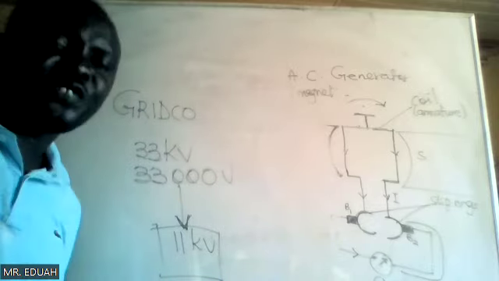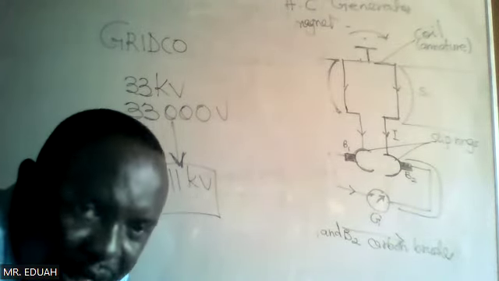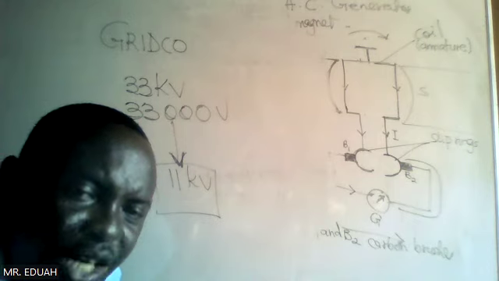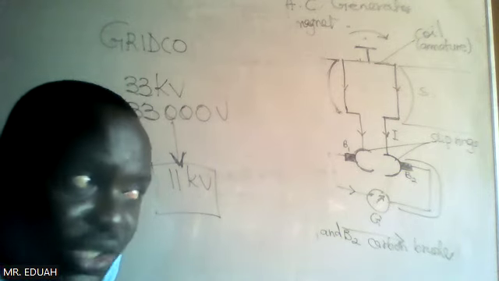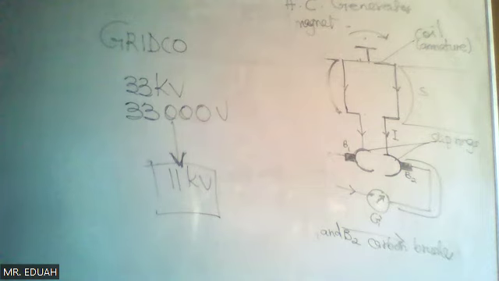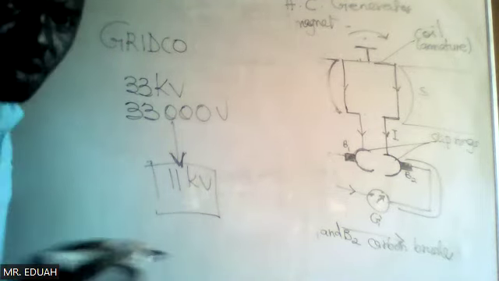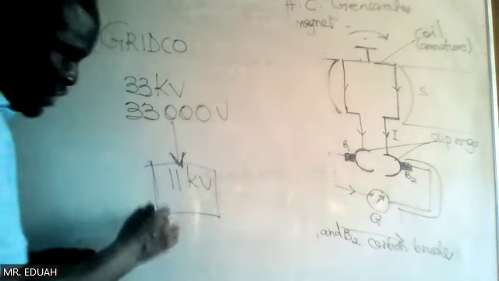So the transformers do the distribution depending on the amount you want. If you are a company and the machinery you have is very heavy duty, then they give you voltage that corresponds to your consumption level.